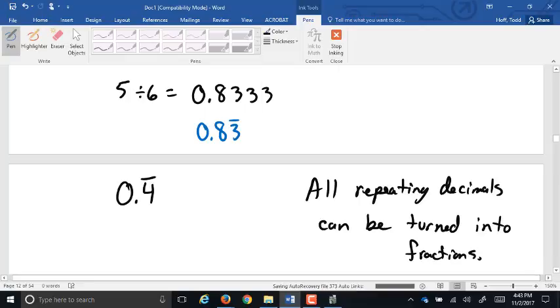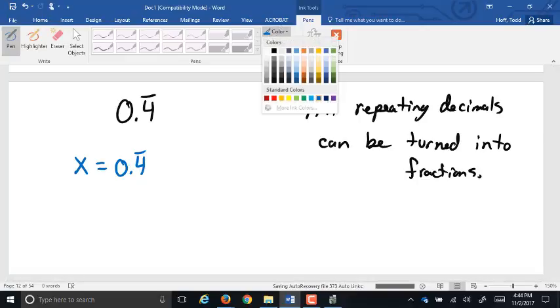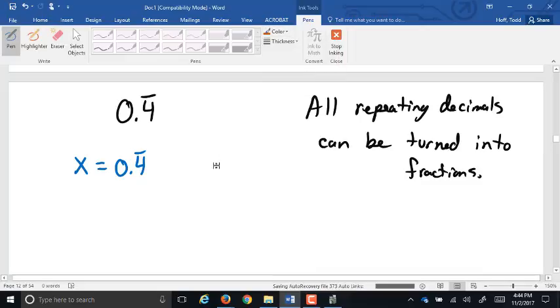So 0.4 repeating can be turned into a fraction. The question is how? Well, this procedure isn't simple, but it involves our equations with decimals in it, like we've been doing here. We're going to start out by letting x equal 0.4 repeating. Now, of course, that 0.4 repeating is 0.444444444 going on forever. How many digits repeat?